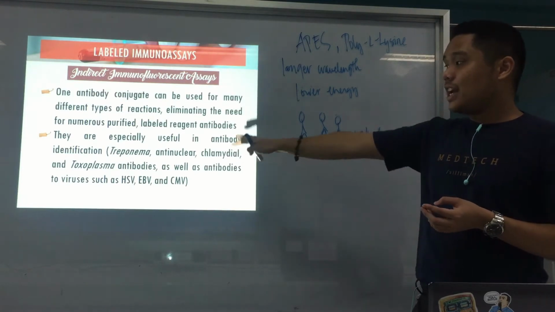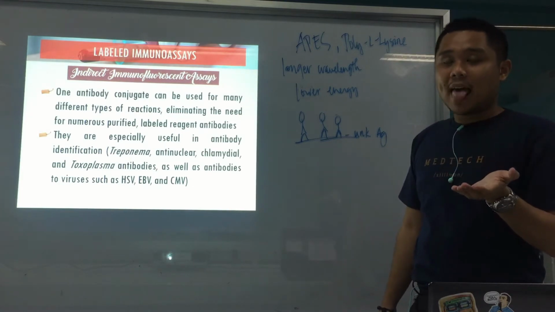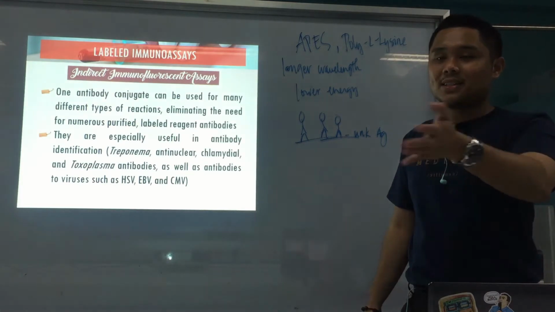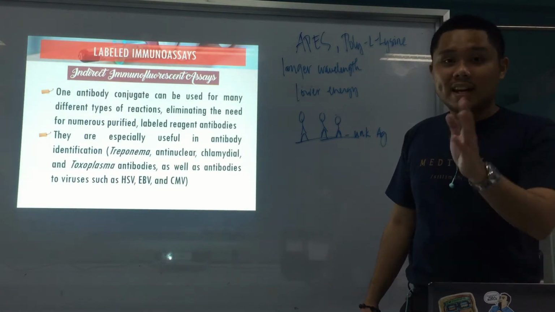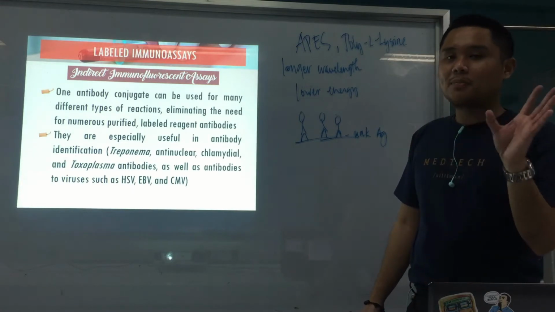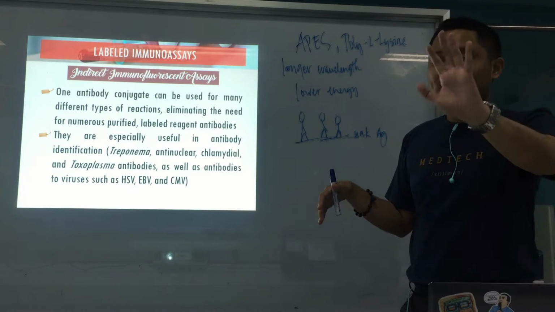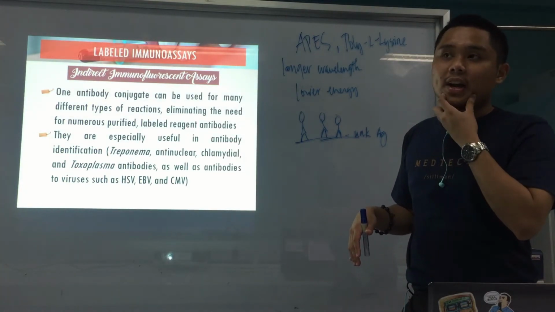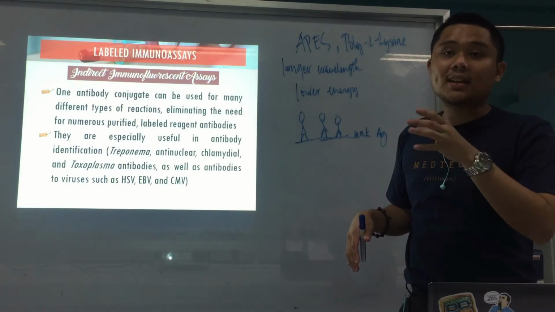Again, it is useful in antibody identification. We perform this for antibody identification, especially for antibody to Treponema. We will discuss the fluorescent immunoassay in your syphilis serology in the later part. Anti-nuclear antibodies seen in autoimmune diseases, you will have that in your autoimmunity. You will discuss the different nuclear patterns of fluorescent staining.